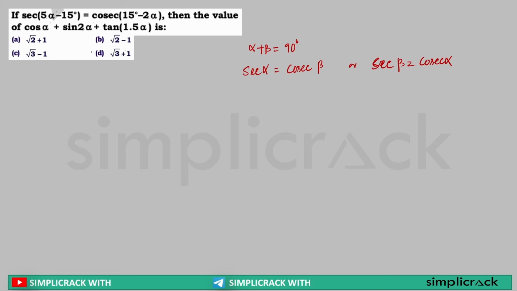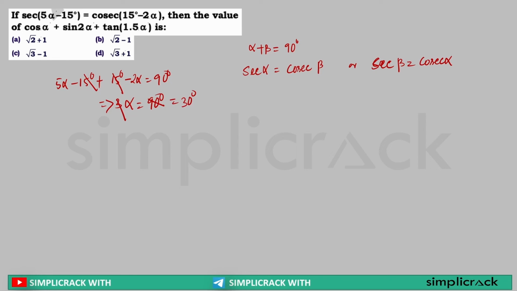If these two are equal, that means 5α − 15 degrees + 15 degrees − 2α is equal to 90 degrees, plus minus crossed out. 5α − 2α is equal to 3α, which is equal to 90 degrees. So α is equal to 90 by 3, that is 30 degrees.